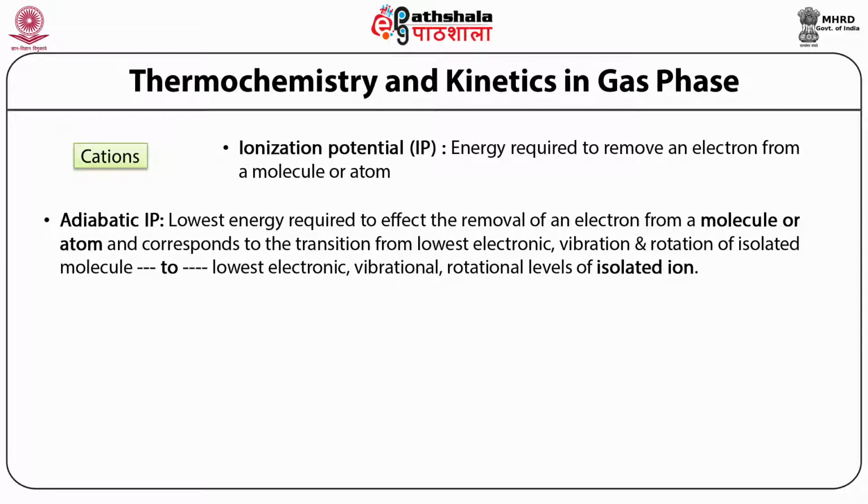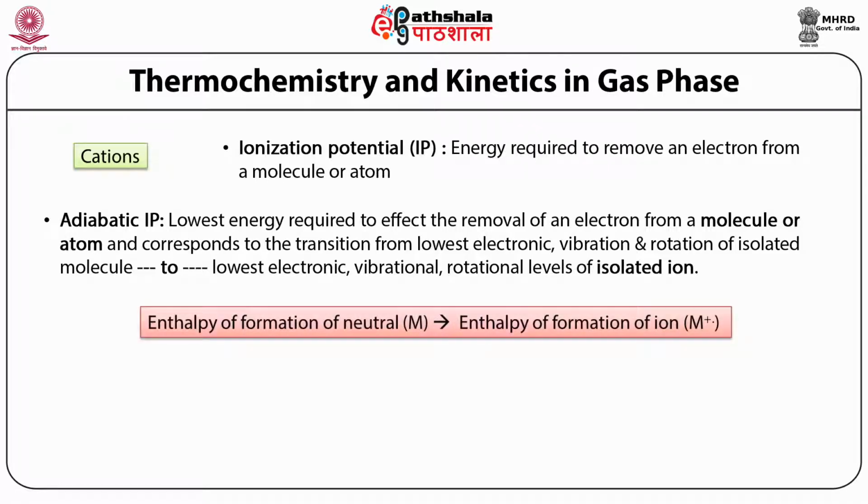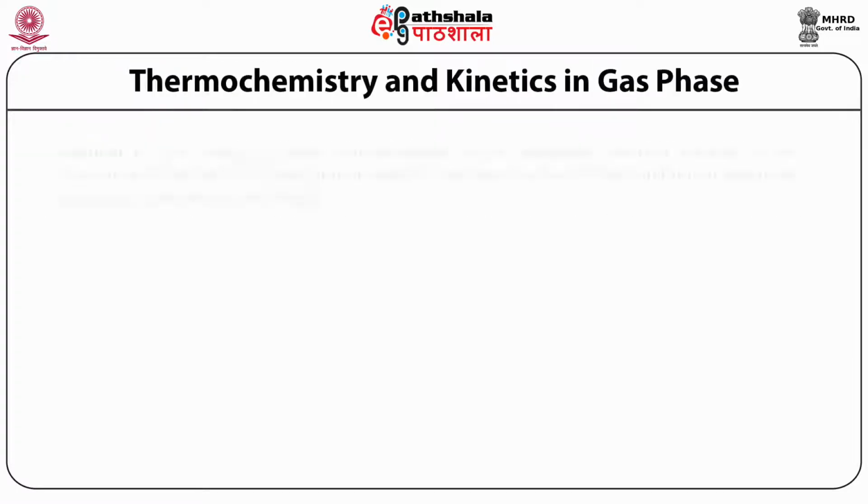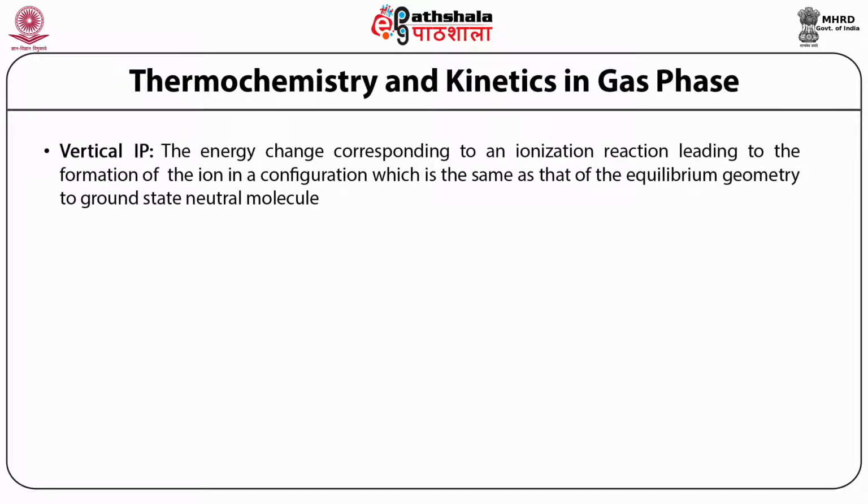Basically, the difference is between a molecule or atom and the isolated ion under the lowest vibration and rotation energies. The enthalpy of formation of a neutral molecule is compared with the enthalpy of formation of an ion which has a charge. The vertical IP is another one, in which the energy change corresponds to an ionization reaction leading to the formation of the ion in a configuration which is the same as that of the equilibrium geometry of the ground state neutral molecule.